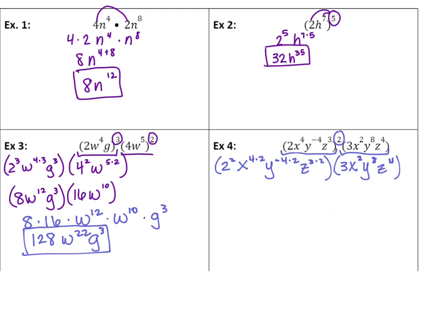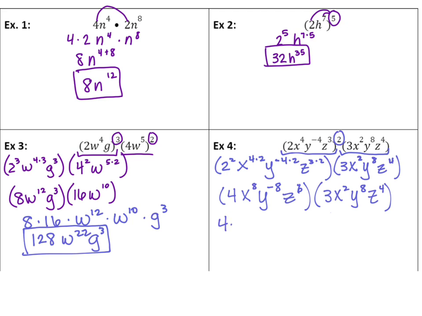2 squared is 4x to the 8th times y to the negative 8th times z to the 6th. All of that's going to be multiplied by that 3x squared, y to the 8th, z to the 4th. I'm going to go ahead and rewrite them next to each other with like terms so that the multiplication gets easier.